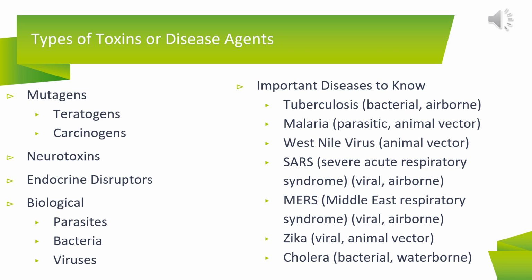The current thing that we're dealing with, this coronavirus, COVID-19, is actually a modified form of the SARS virus, because it's called SARS-CoV-2. So SARS is viral, it's airborne. MERS, Middle East Respiratory Syndrome, it's viral and it's airborne. And Zika, which is a viral animal vector disease that often causes birth defects.